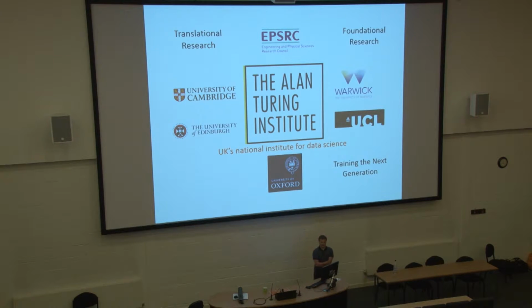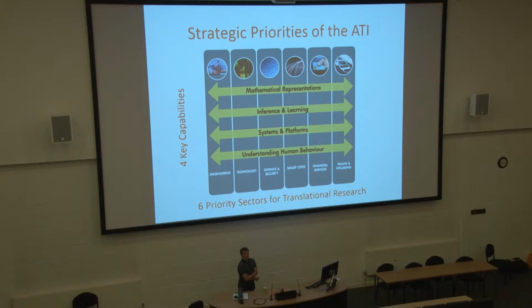The first cohort will start in October. There'll be 15 to 20 students every year for the next several years coming in, all based in London at the British Library. And also there are some postdocs, fellows, and so on. And then also the Alan Turing Institute wants to be at the center of a public discussion about data science in the UK.